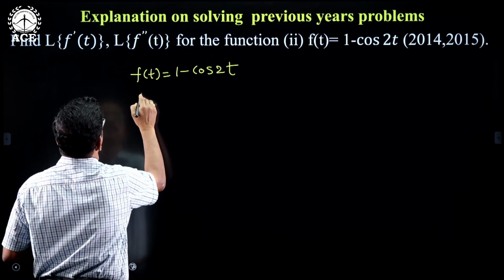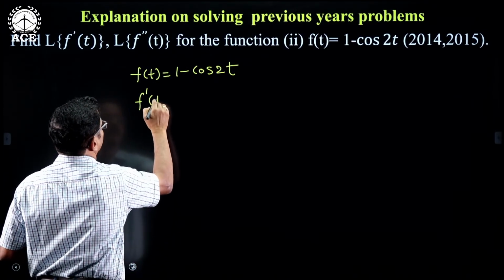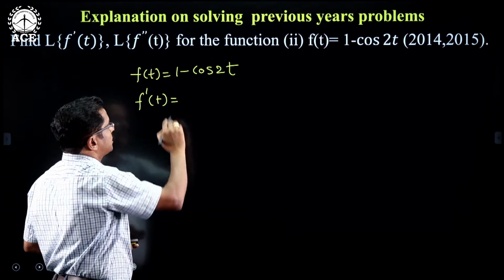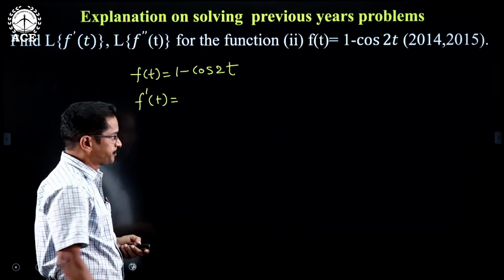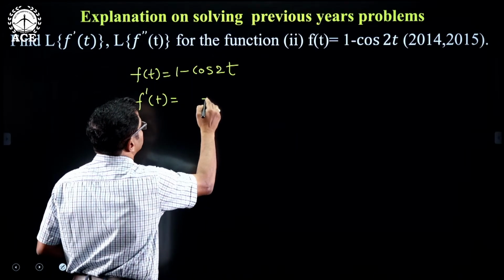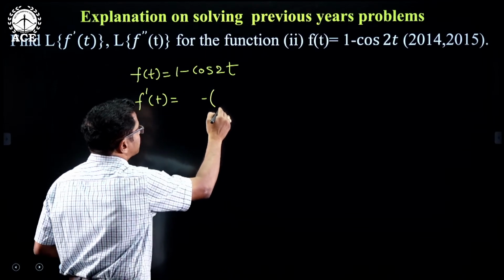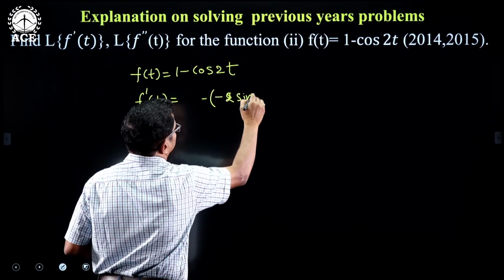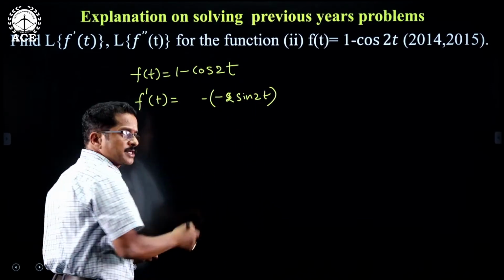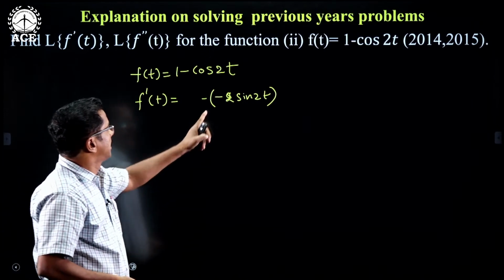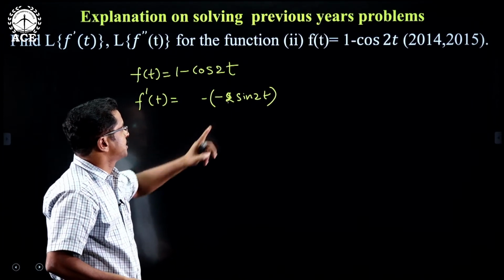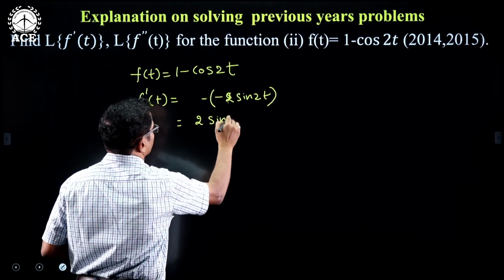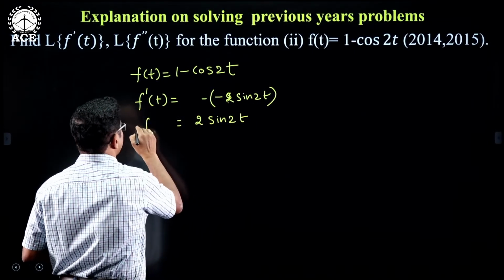Then f dash of t is the differentiation of 1 minus cos 2t. 1 is 0, and the differentiation of cos 2t: minus of cos differentiation is sine, so minus 2 into sine 2t. Cos differentiation is minus sine, and 2t differentiation is 2, which is going to be 2 sine 2t. This is f dash of t.